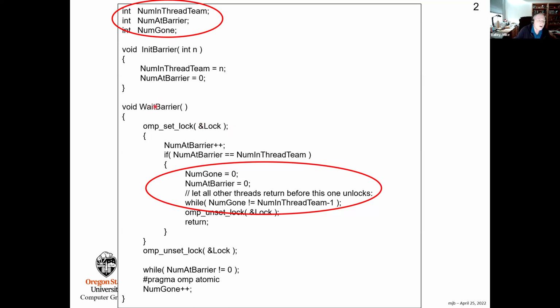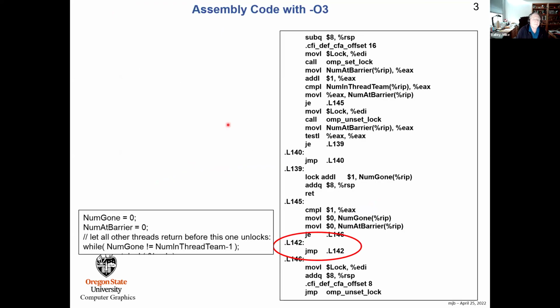So when every thread calls wait barrier, it's going to increment the number at the barrier. And when that's the proper number, the number that are in the thread team, now it knows it can release them. But until then, it's just going to wait right here for the other threads to catch up.